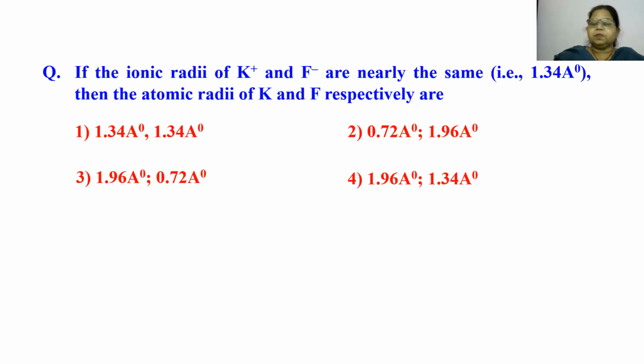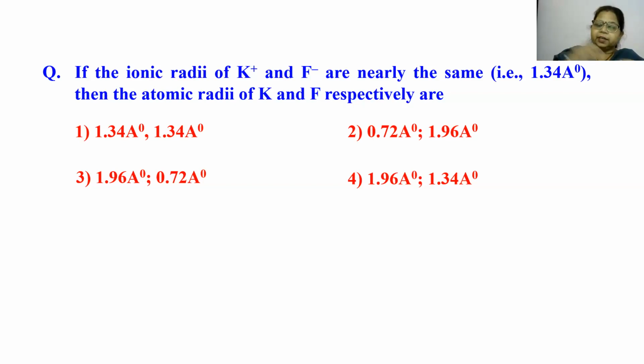Now, this one we did in the last class. This is another perception of finding the correct relationship between the radii. Do you remember what we did last in the class? We did the ionic radii of cation and anion. Is anybody having any doubt? Kindly let me know so that I can do that section first.